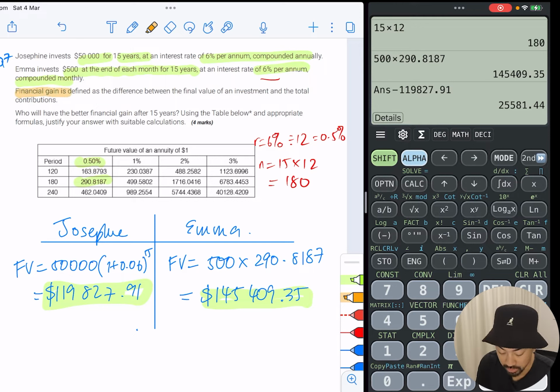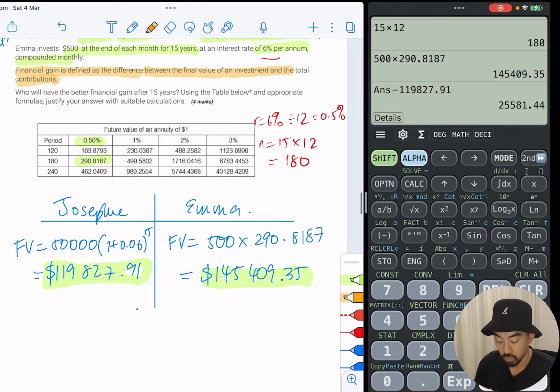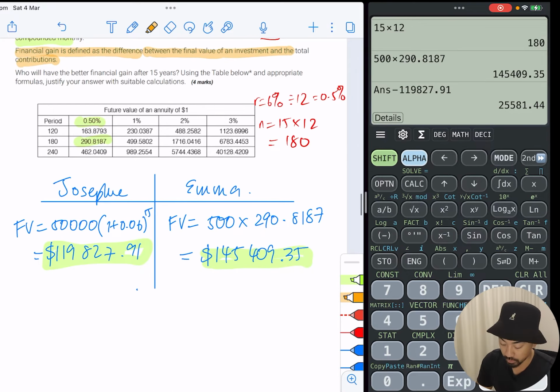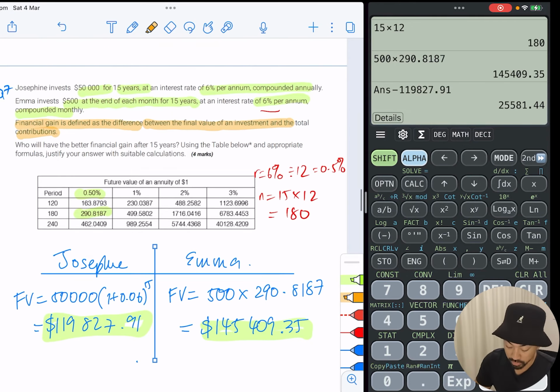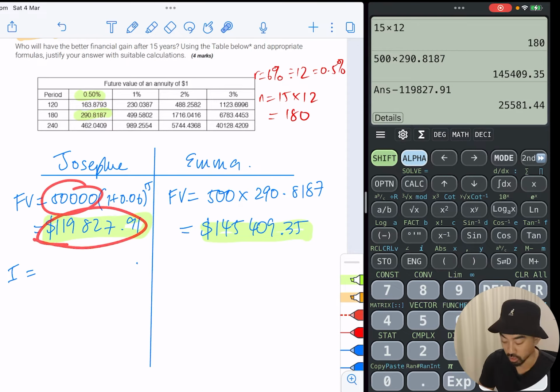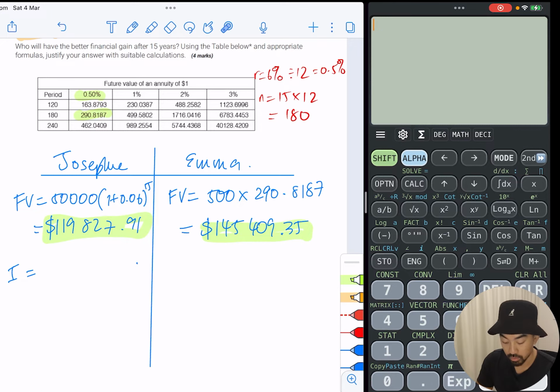All right, now we need to address this line here. It says financial gain is defined as the difference between the final value of an investment and the total contribution. So we need to work out for each of them individually how much interest they've earned. If we look at Josephine to start off with, how much interest has Josephine made? She invested 50 grand and in the end she got 119,000.